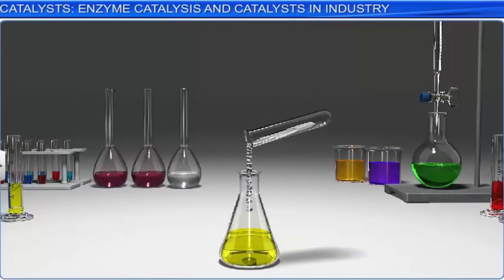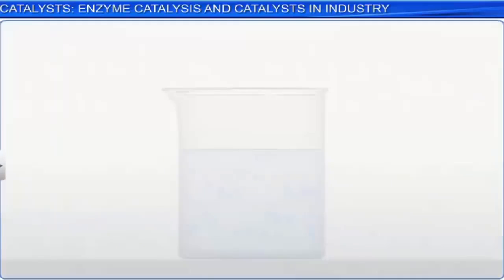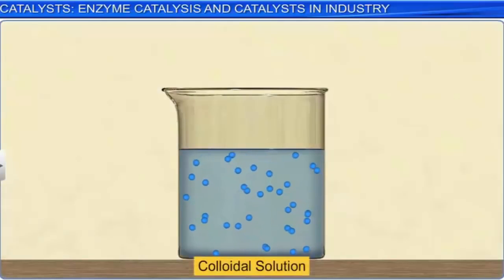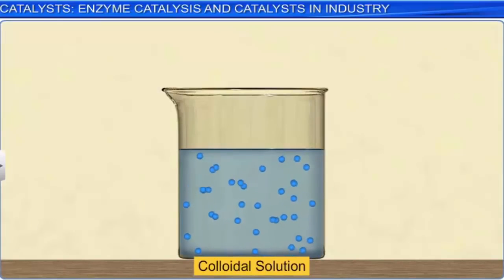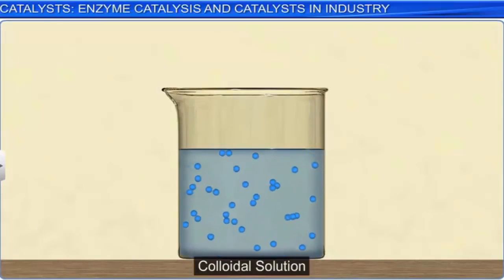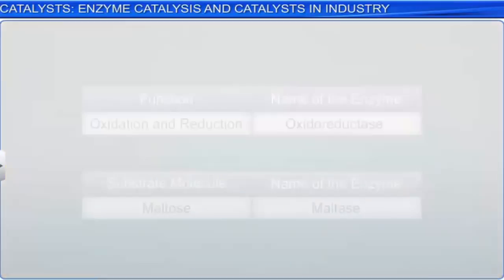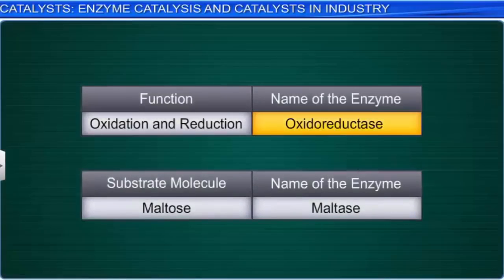Enzymes form a colloidal solution in water. A colloid is a type of mixture in which one substance is dispersed evenly throughout another. Every enzyme has a functional name that classifies it in terms of the kind of reaction it catalyzes, or has a specific name that usually consists of a part of the name of the substrate molecule.